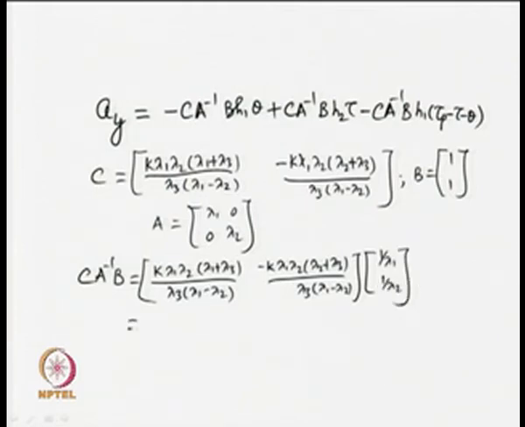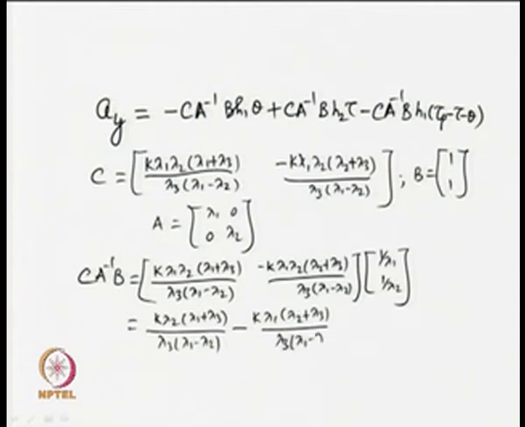When this is simplified, we get k lambda 2 lambda 1 plus lambda 3 by lambda 3 times lambda 1 minus lambda 2 minus k lambda 1 lambda 2 plus lambda 3 by lambda 3 lambda 1 minus lambda 2, which is nothing but equal to minus k. So, interestingly we have found C A inverse B to be minus k.